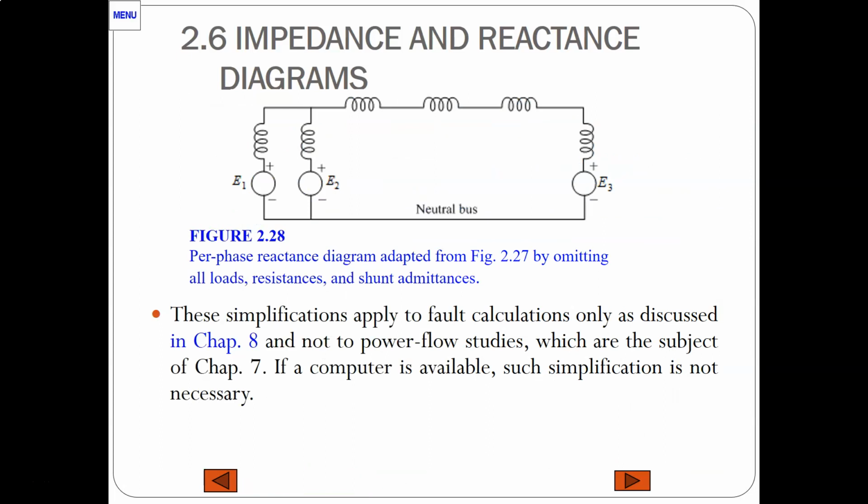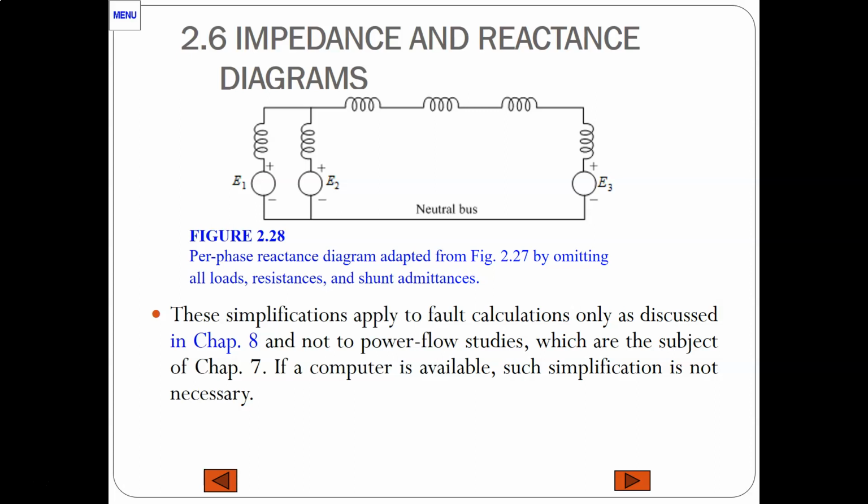Here is an even simpler one, the per-phase reactance diagram, adapted from the earlier one by omitting all loads, resistance, and shunt admittances. In power systems you typically do simplification all the time to get the values needed for the calculation you are doing.